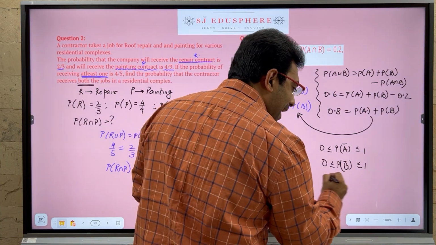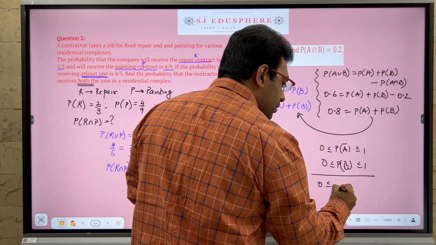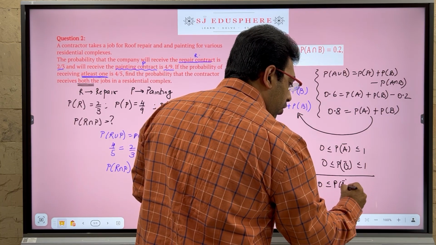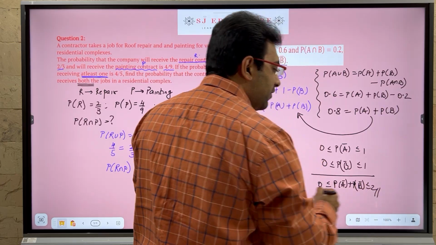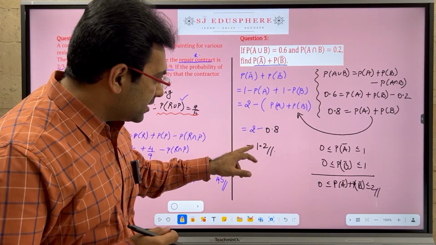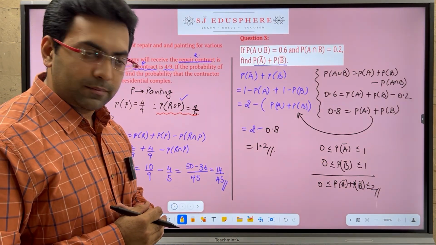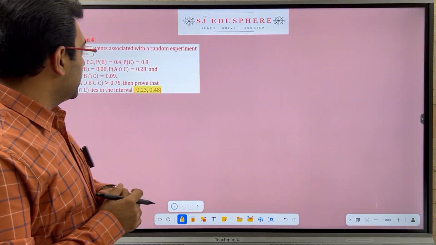So when I add them, my answer of the complement will be between 0 and 2, and hence this answer is crossing 1. Let's look at the next question.